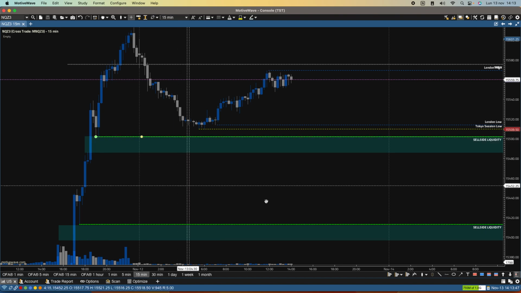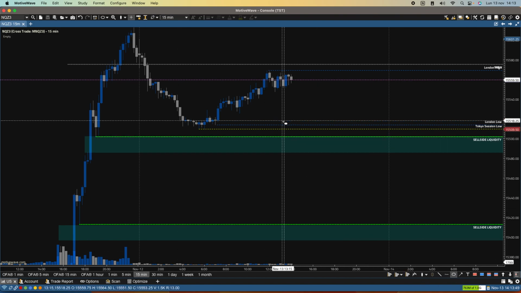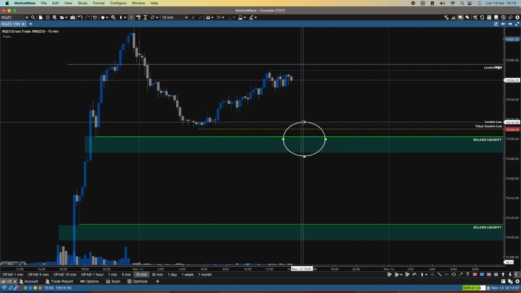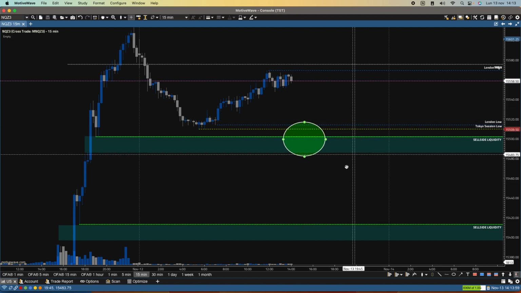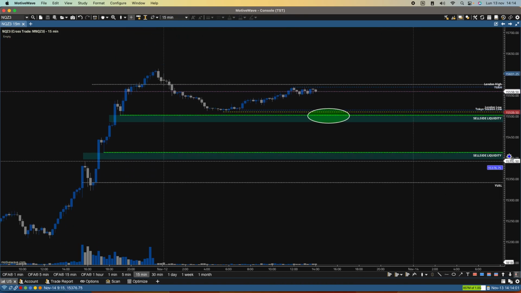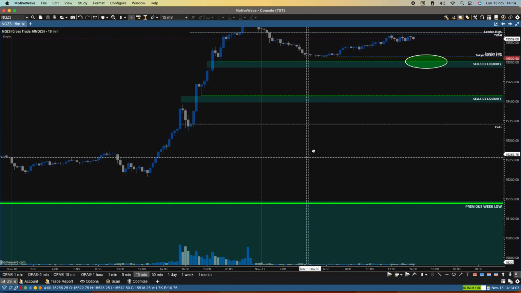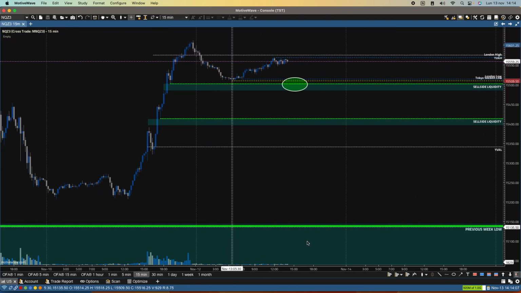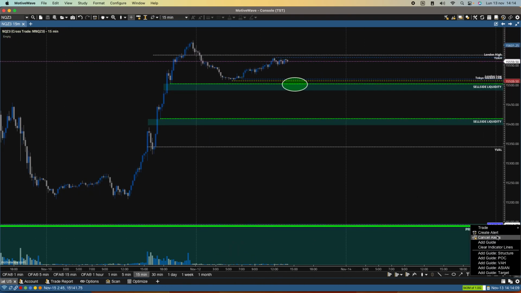We have some liquidity here, so this could be a good zone to go long. No, sorry. We have a gap here as well, but obviously we have this previous week low, which could be the target.